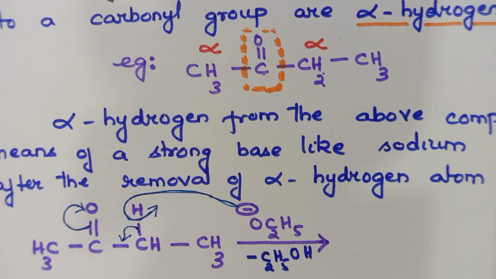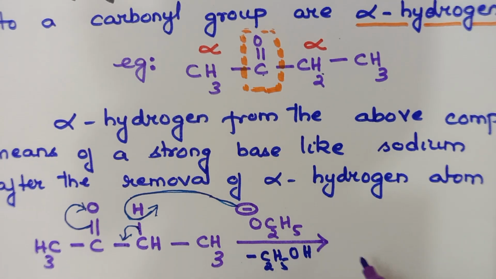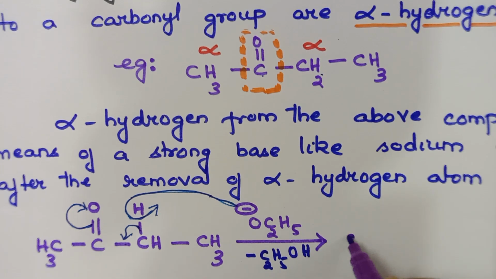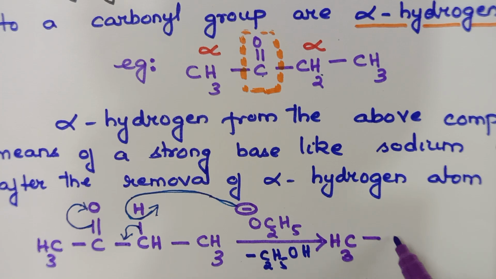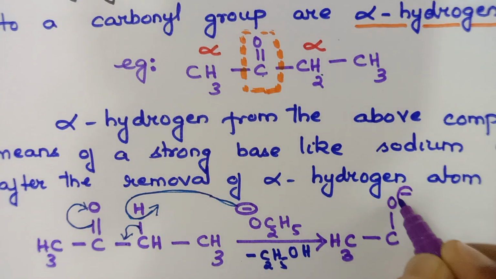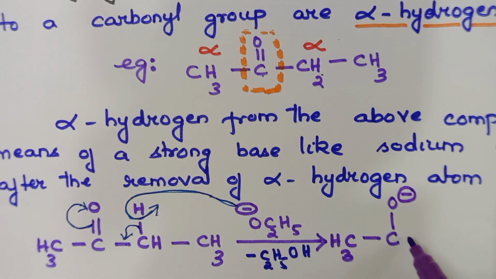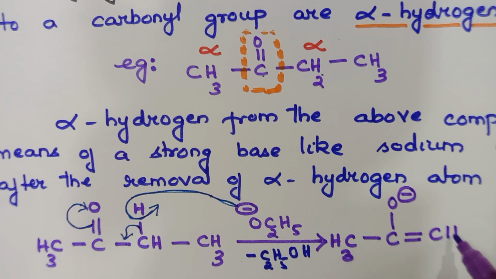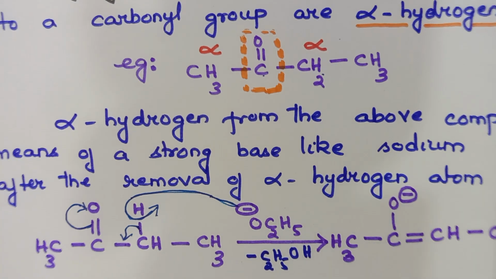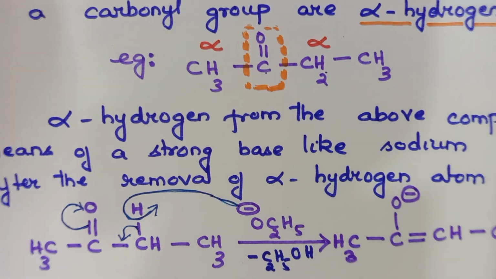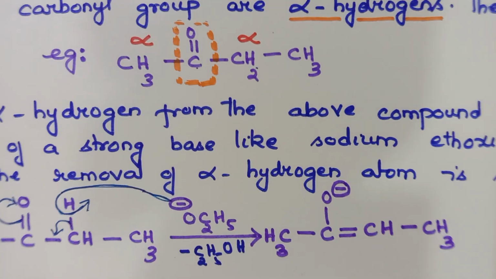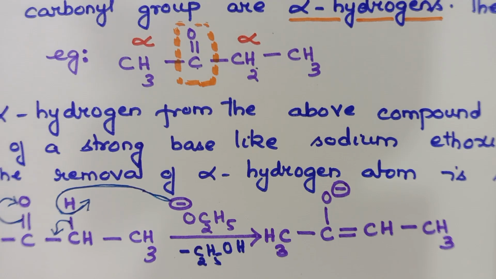Carefully write down CH3, C, here comes O minus, next double bond CH, CH3. So CH3, CO minus, double bond CH, CH3.